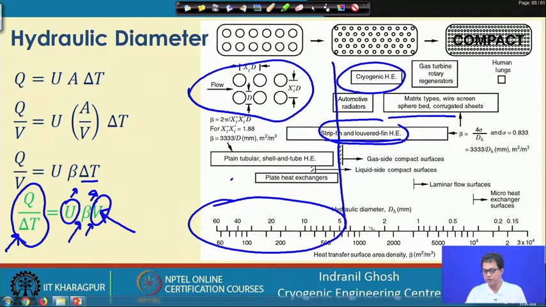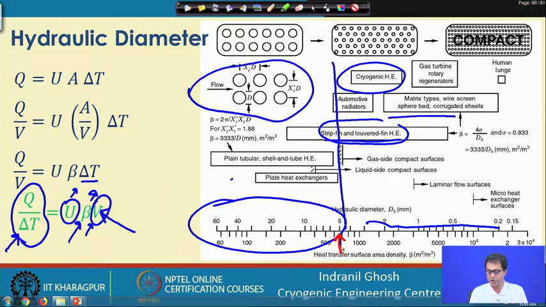So, this is where we have the hydraulic diameter, and this is where we have the surface area density. Nearly about 700 is the demarcation between the compact and non-compact heat exchanger.